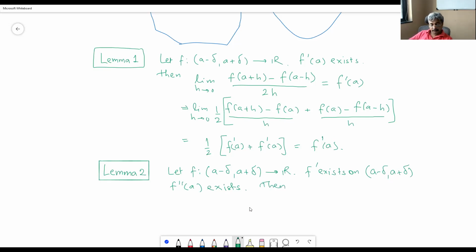Then the limit as h tends to 0 of f of a plus h plus f of a minus h minus 2f of a, upon h square, is equal to f double dash of a. Prove it.